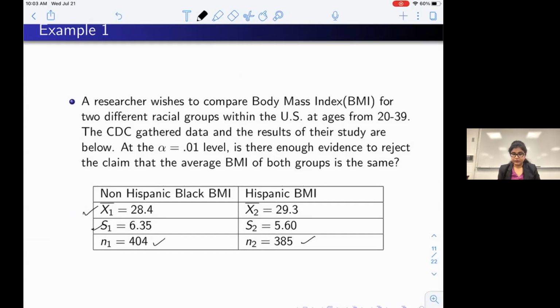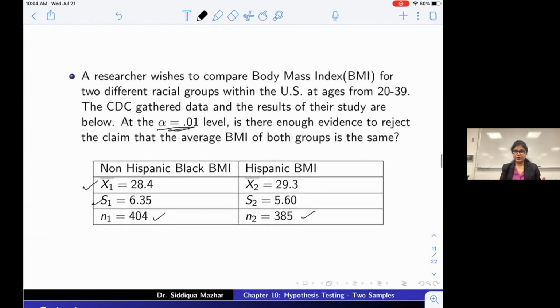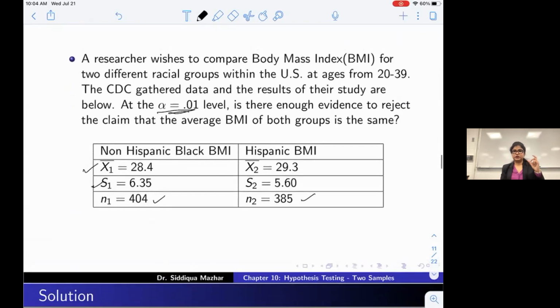So we have this information, and we are looking at the mean. What is the claim? At the critical region alpha of 0.01, is there enough evidence to reject the claim that the average BMI for both groups is the same? So we are looking for the average BMI for the first group.